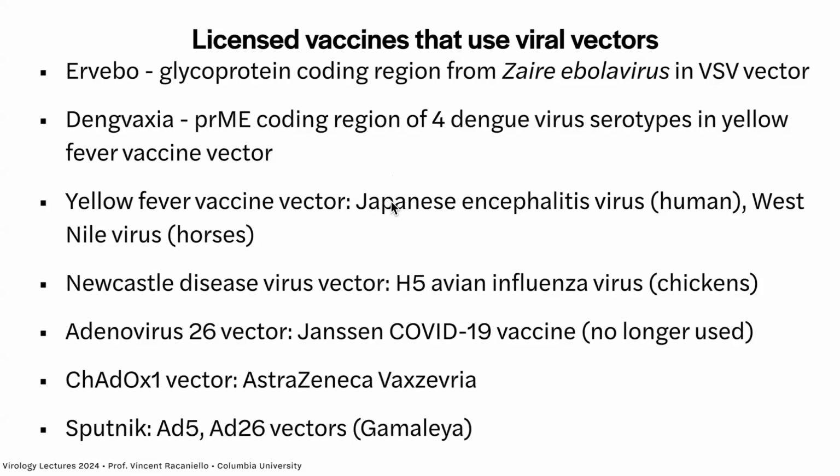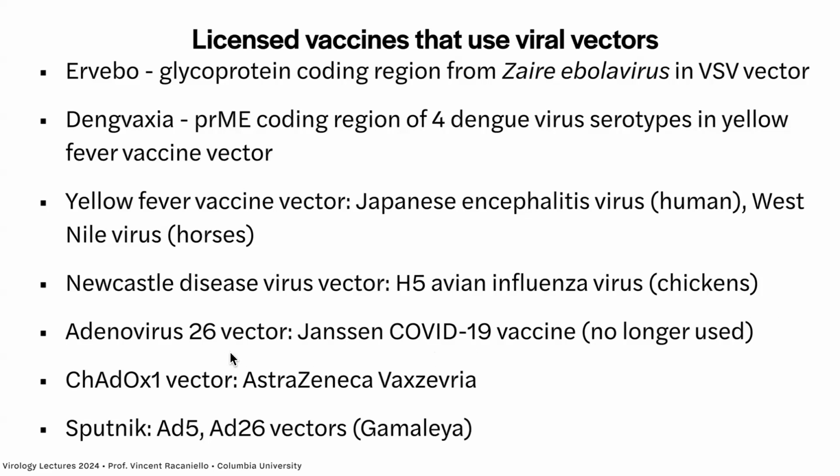We have a yellow fever vaccine vector Japanese encephalitis virus for humans, and also a West Nile virus one for horses. As I mentioned, we have an H5, or maybe I didn't mention it. With Newcastle disease virus, we have a vaccine carrying the hemagglutinin of avian influenza virus. So you can immunize chickens with this, and they'll get both immunization against Newcastle disease virus and H5 avian influenza virus.